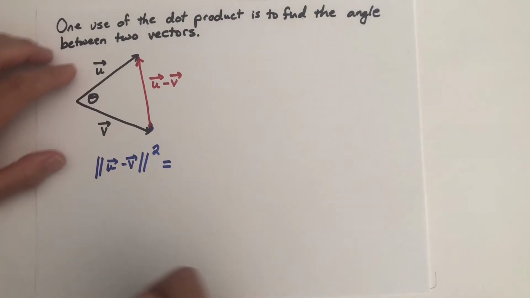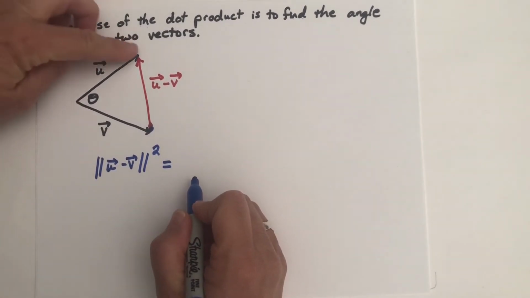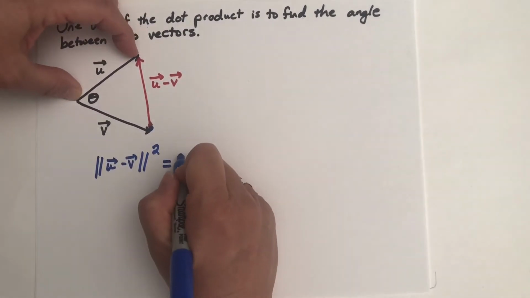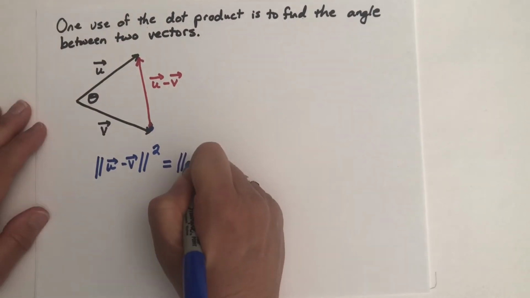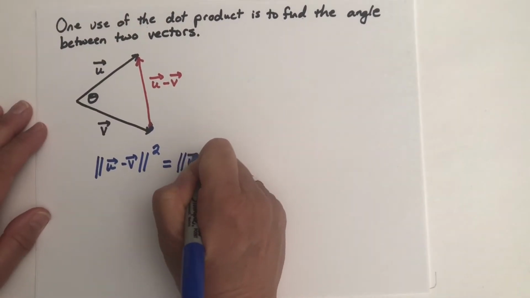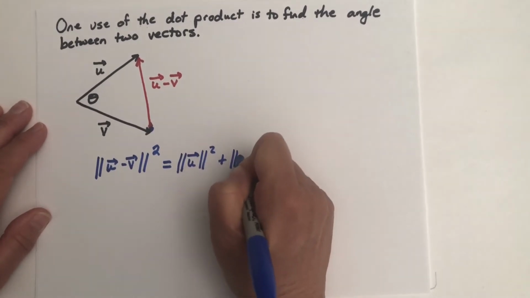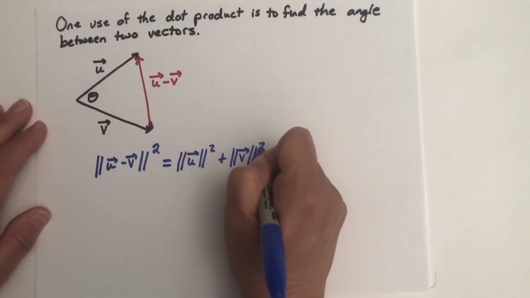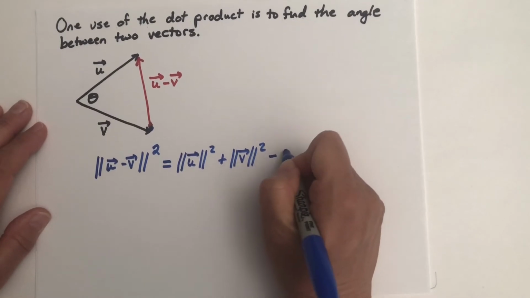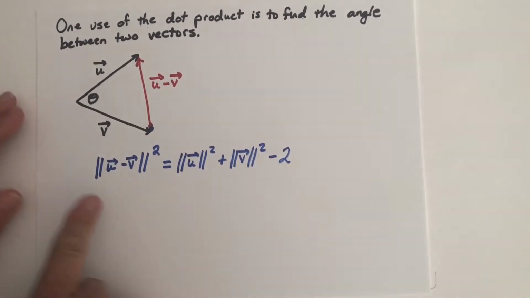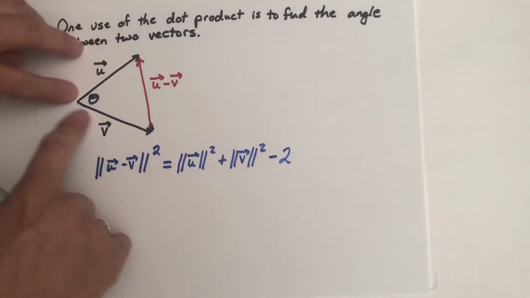Now the length of those sides is the magnitude, so we have the sum of the squares of those two lengths, minus twice the product of the lengths of these two sides.